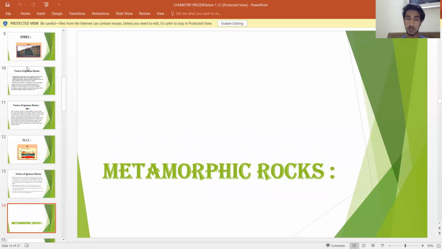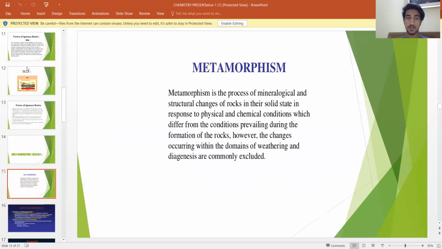So now we will discuss metamorphic rocks. Metamorphism is the change of minerals or geological texture in pre-existing rocks without the protolith melting into liquid magma. The change occurs primarily due to heat, pressure, and the introduction of chemically active fluids.